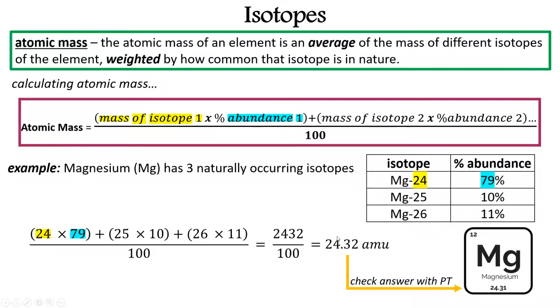So whenever you do an atomic mass calculation, the number you get should always be the closest to whichever isotope is the most common in nature. For this example, our most common one is magnesium 24. So that's why our atomic mass is closest to 24.